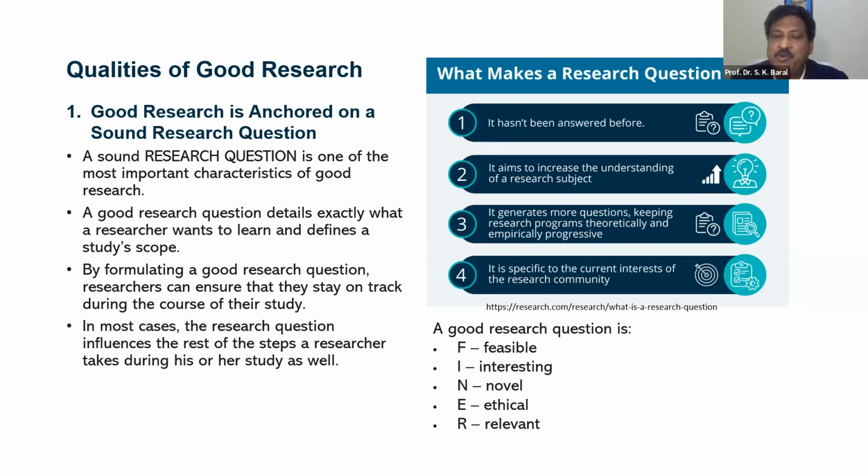So it is specific to the current interest of the research community. So we must remember that a good research is always based on FINER. F stands for feasible, I stands for interesting, N stands for novel, E stands for ethical, and R stands for relevant.